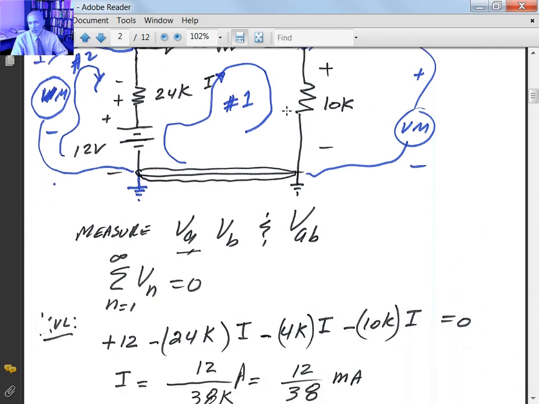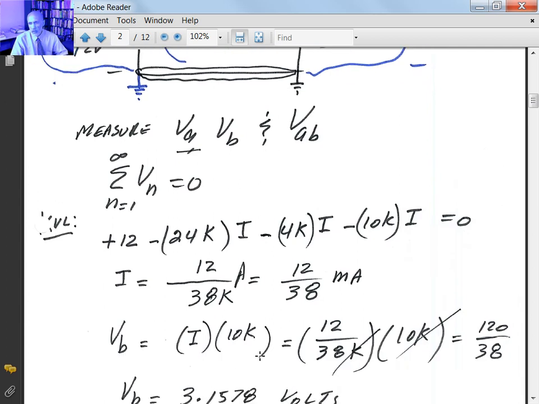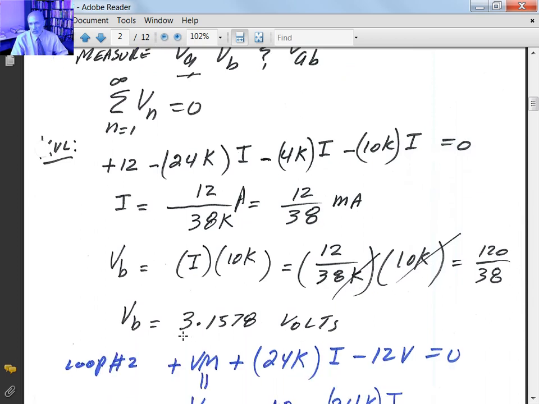To calculate that, you just take the current I multiplied by 10K. So that's 12 over 38K times 10K. K and K cancel out, so you get 120 over 38. That's about 3.1578 volts.